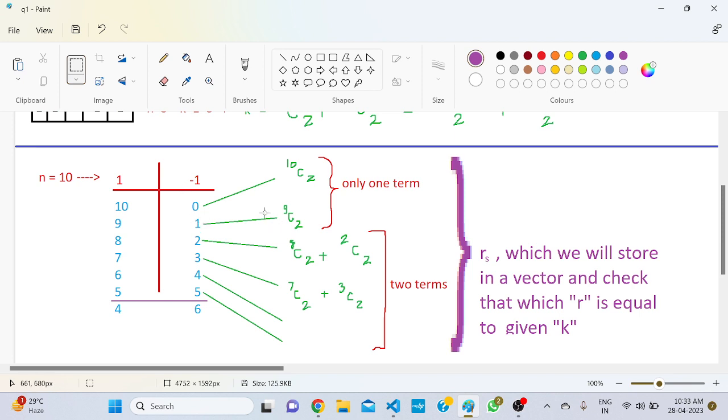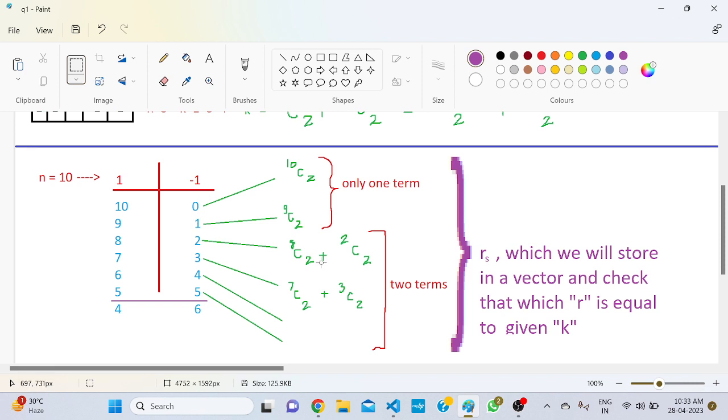If our k is 9C2, which is equal to 36, it will check that k is equal to 36. So we will print i times 1, which is 9 times 1, and we will print n minus i times minus 1. n is equal to 10 and i is equal to 9, so 10 minus 9 is 1.